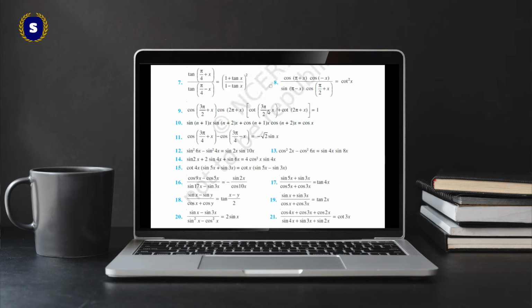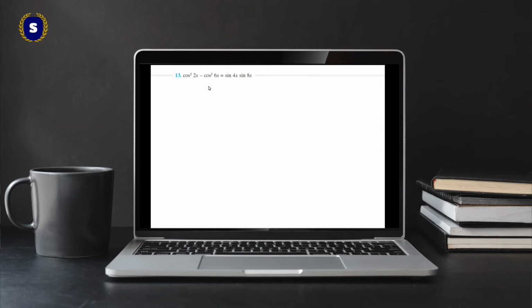Similar kind of question, right? Here we have LHS is equal to cos square 2x minus cos square 6x. Again, using the identity a square minus b square, I'll get cos 2x plus cos 6x and cos 2x minus cos 6x.